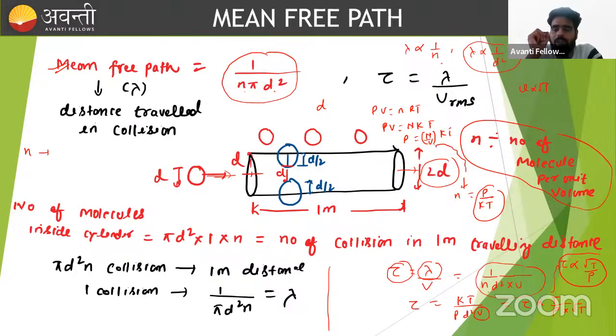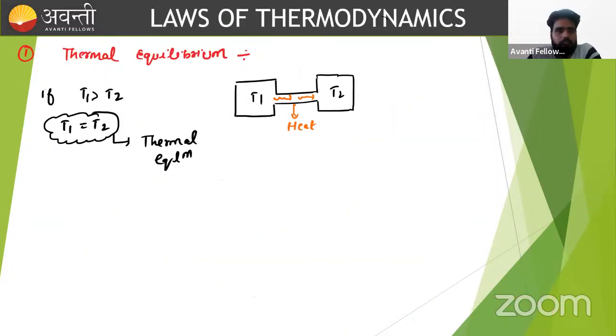Okay, beta, now you can understand the whole process of how we correlate relaxation time with temperature. What is the meaning of thermal equilibrium? Actually, let's start thermodynamics. In thermodynamics, we discuss three basic laws: the zeroth law, the first law, and the second law.